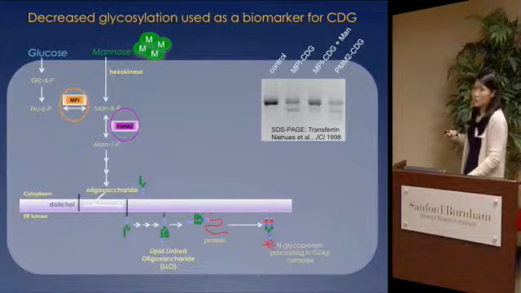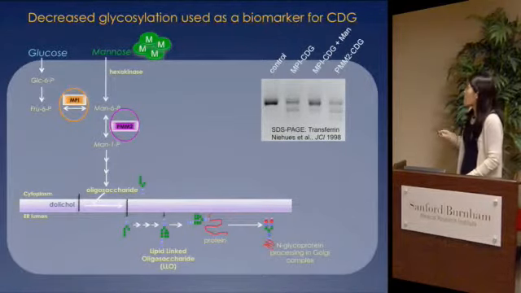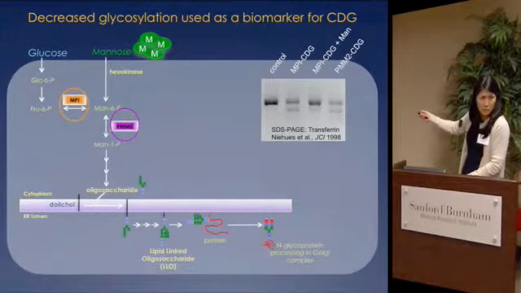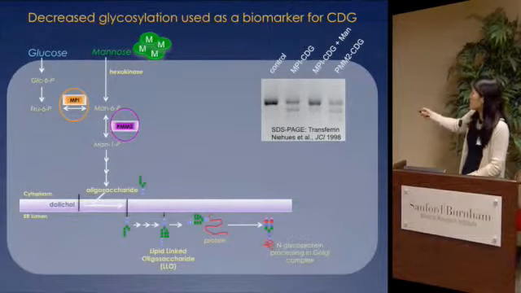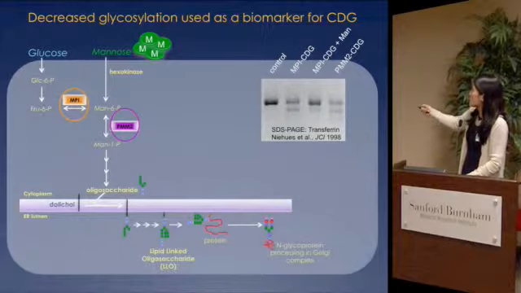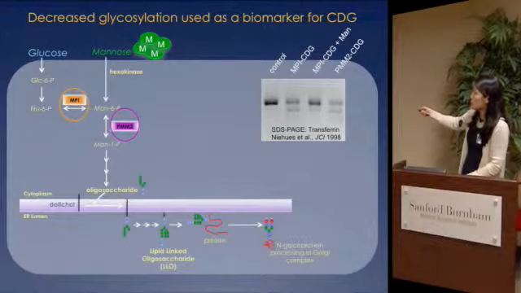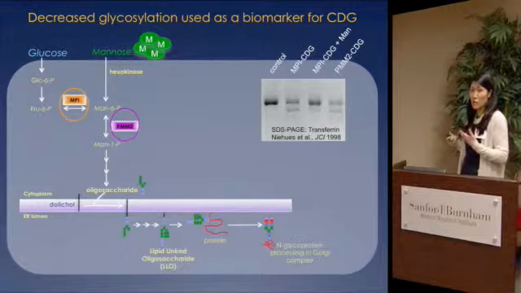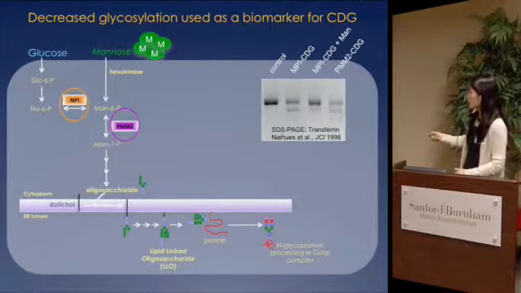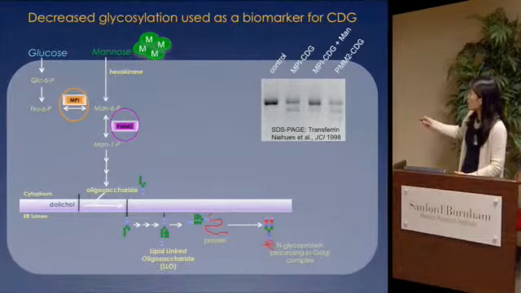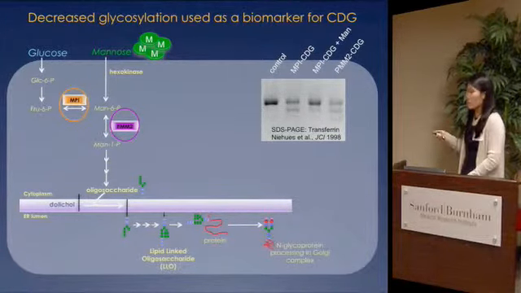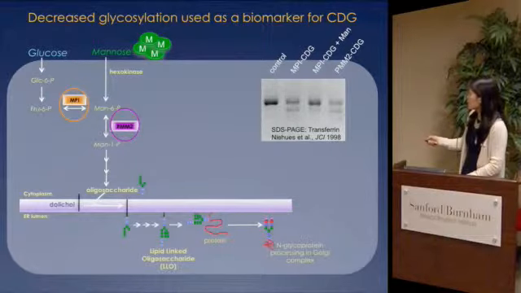We screen for these CDGs with transferrin, and this is the transferrin SDS-PAGE that shows the change in transferrin. The patterns are the same, yet the presentations are very different. And we mark the success of our treatments also sometimes by the improvement in transferrin glycosylation.